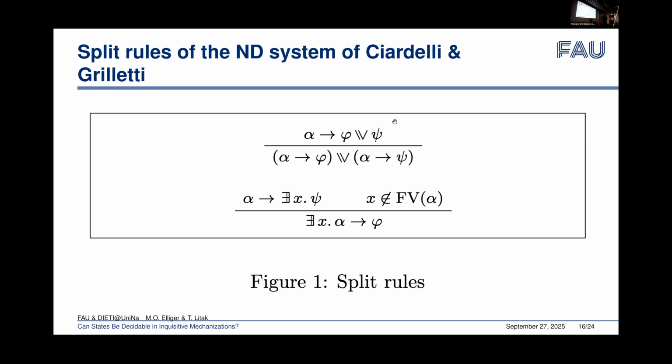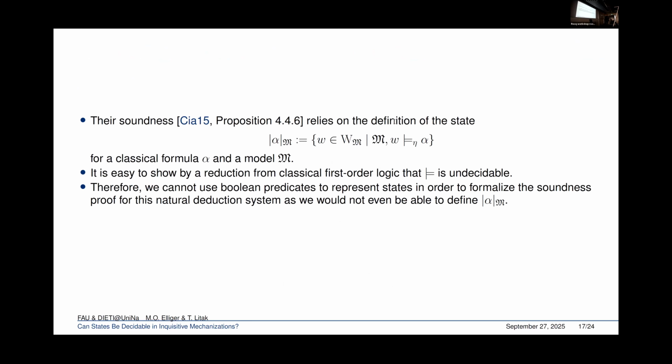The question is, what happens when you try to follow the proof of soundness that they give? Of course, it doesn't mean that this is the only way of proving soundness. Maybe one needs to experiment, but at least when one slavishly follows what is in the paper, the proof at some point uses such a definition of a state for a classical formula and for a model M.